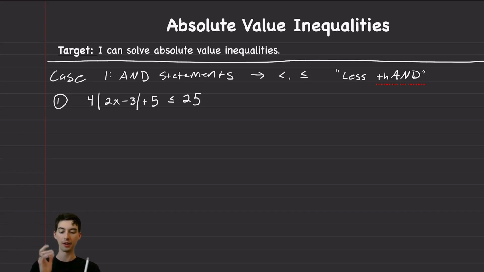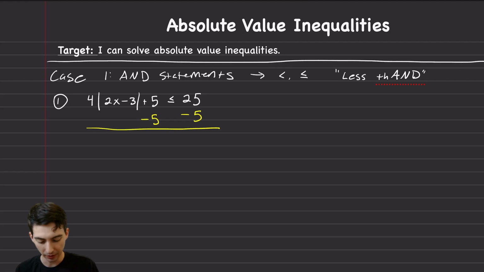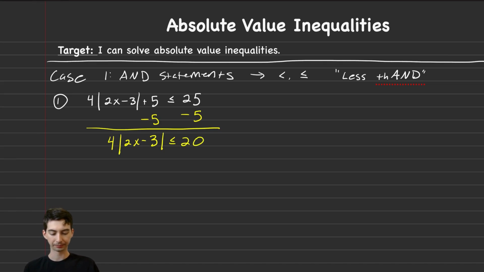Okay, here we have 4 times the absolute value of 2x minus 3 plus 5 is less than or equal to 25. And so let's do the same thing that we would do if we were solving an equation like this, where you want to get the absolute value by itself. So I need to subtract 5 from both sides to get those 5s to cancel out here. So I've got 4 times the absolute value of 2x minus 3 is less than or equal to 20.